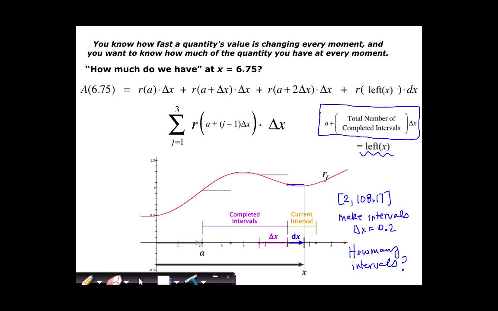Well, from 2 to 108 point something, I need to split that up into tiny, tiny intervals.